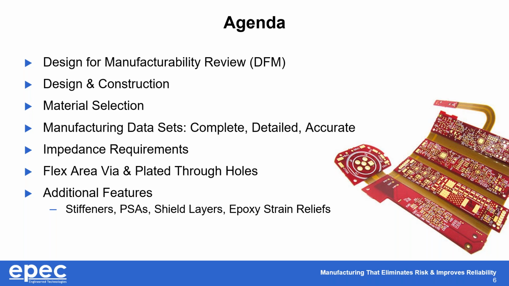We're going to get into a few specifics and how they impact the flex or rigid flex, that being impedance requirements, and if you have vias or plated through holes in flexible areas of your design in a rigid flex. And we're also going to touch upon the additional features that you can encounter in a flex or rigid flex, those being stiffeners, PSAs, shield layers, and epoxy strain reliefs.